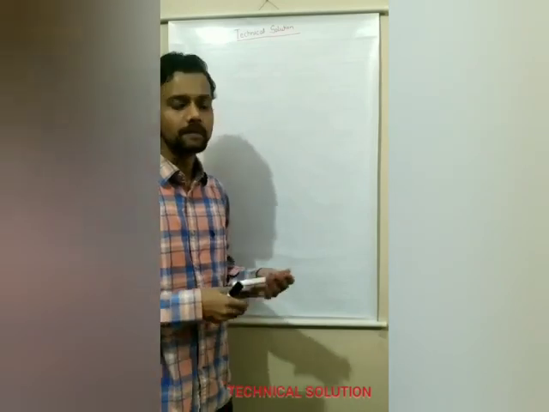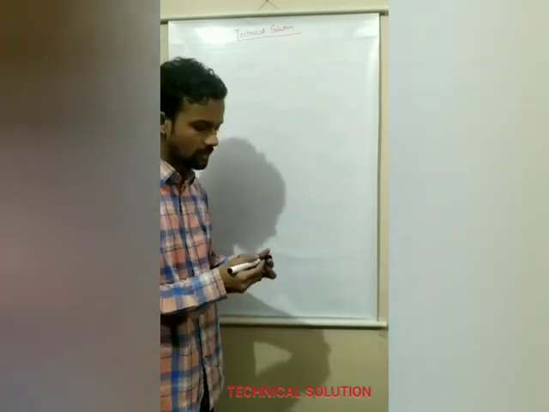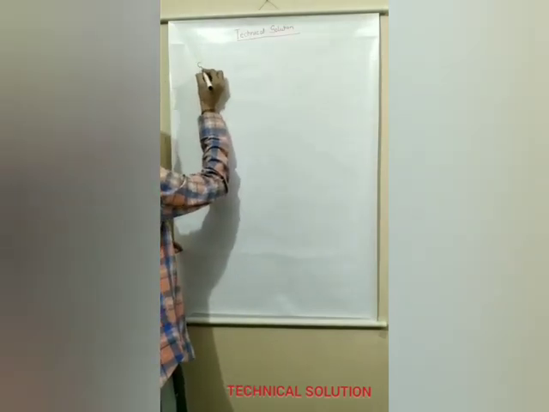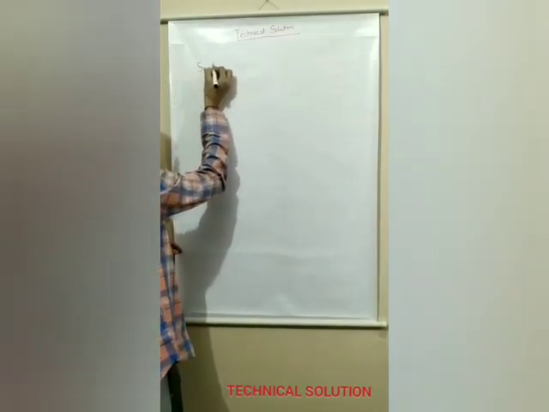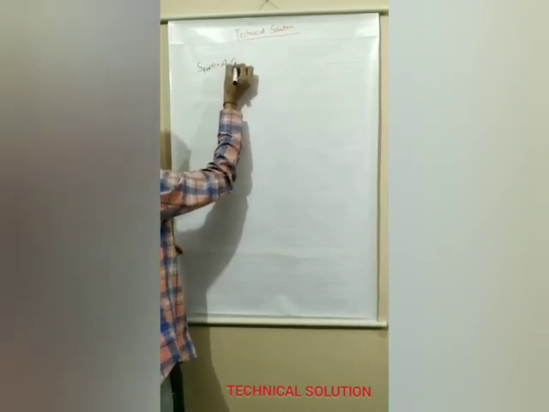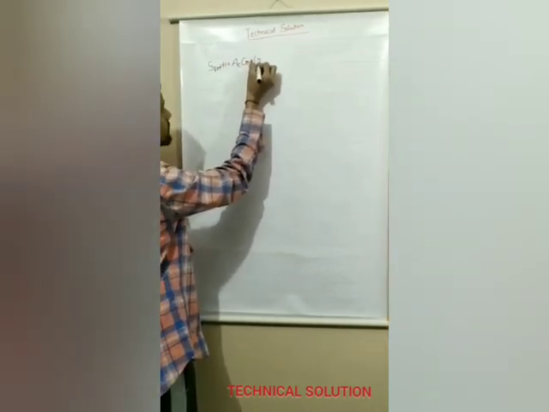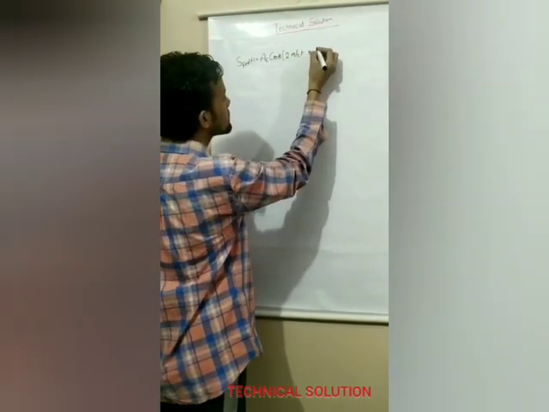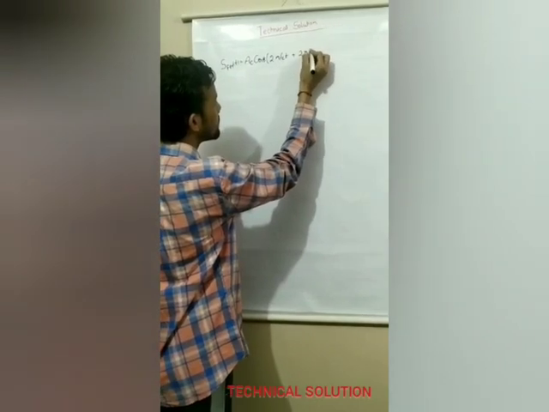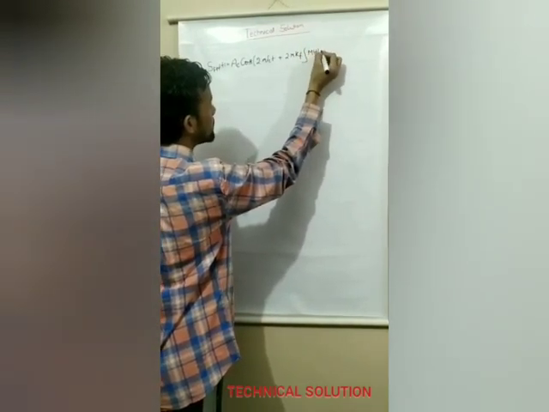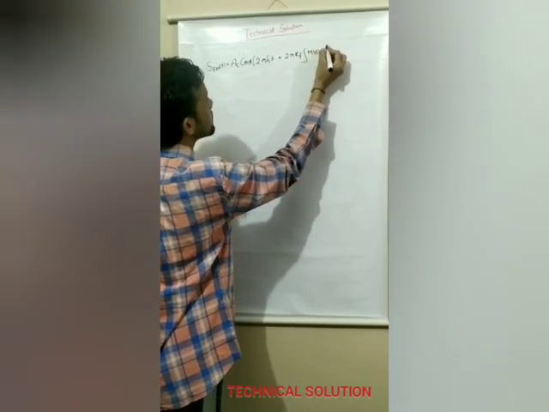There is a standard equation of frequency modulation, which is given as S_FM(t) equal to Ac cos(2π fc t + 2π Kf ∫ m(t) dt).